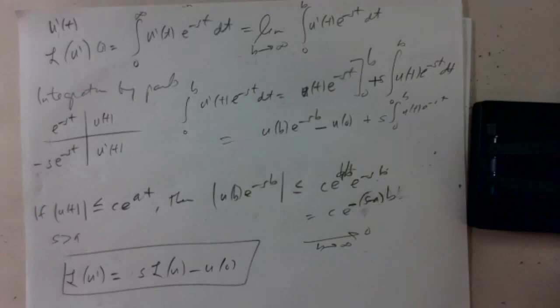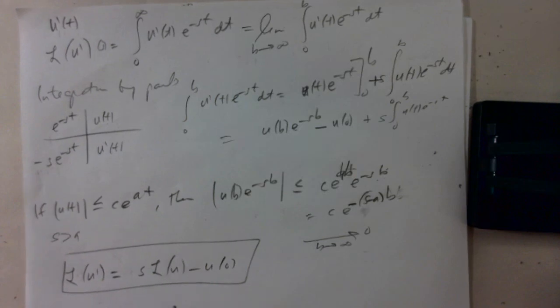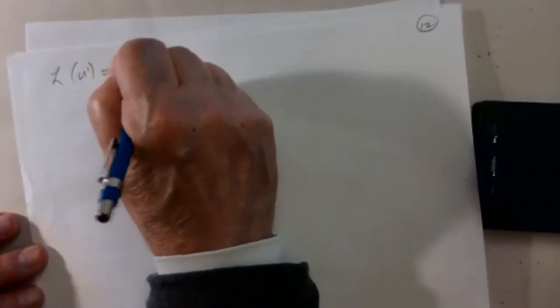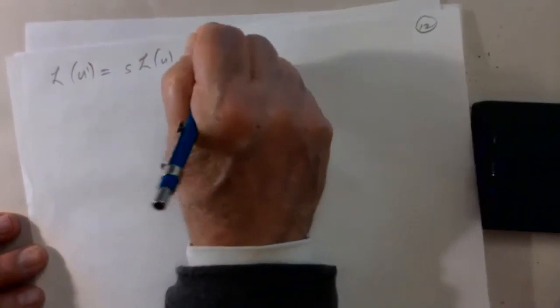The Laplace transform of a derivative is just the Laplace transform of the function times s minus the initial condition. So let's see what we can derive from that. Let me just repeat this. The Laplace transform of u prime is s times the Laplace transform of u minus u of 0.